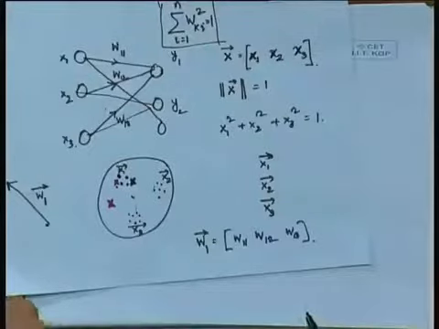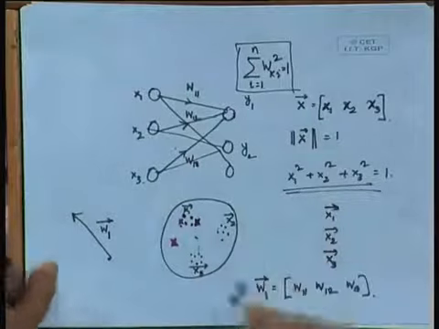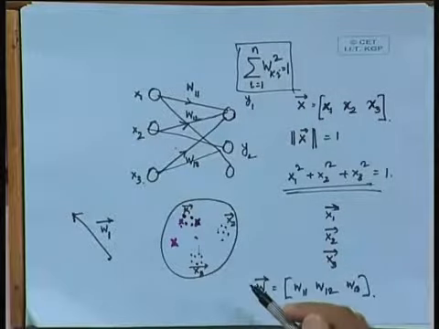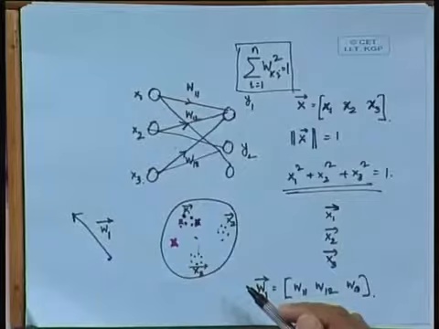And another thing, I should have told you that in this case I have taken an example of 3 dimensions. Does it mean that I cannot take more than 3 dimensions? We can definitely take 4 inputs, we can take 5 inputs, in which case our input pattern is going to be a 5-dimensional vector, an n-dimensional vector.